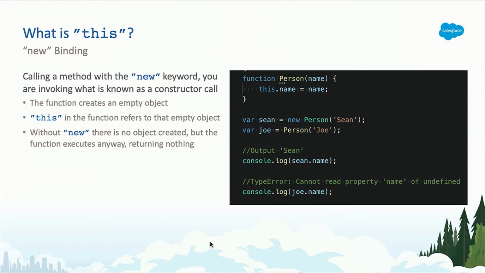Joe.name, however, does not work because the Joe variable is undefined. Because we didn't use the new keyword, that function didn't return anything. So it's just undefined, and we're trying to access name on an undefined object. So that covers the new binding.